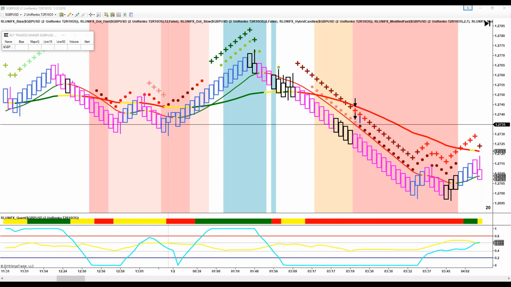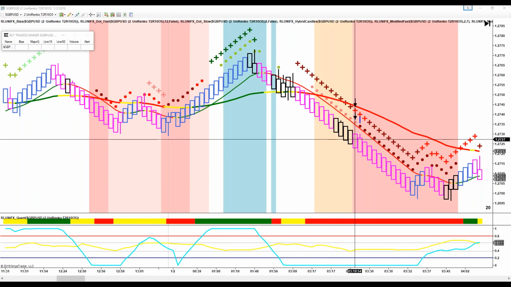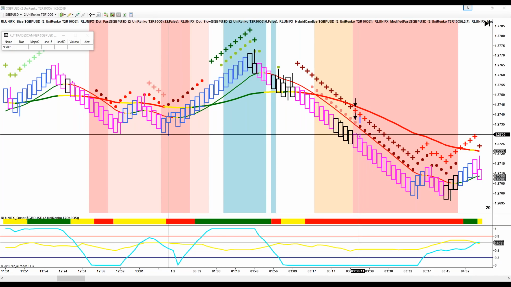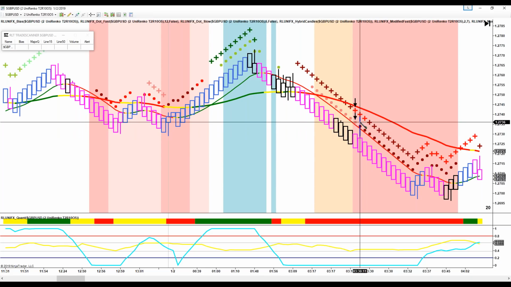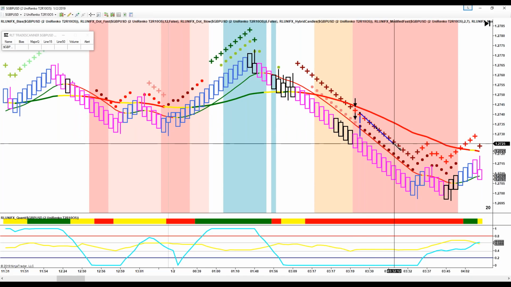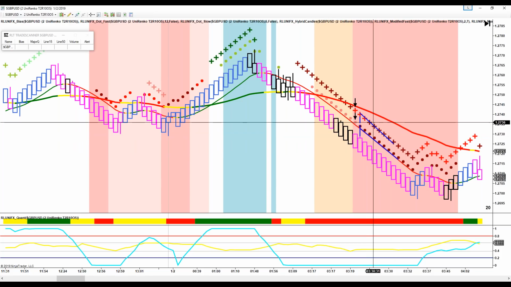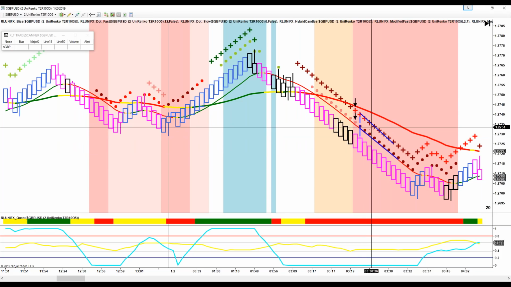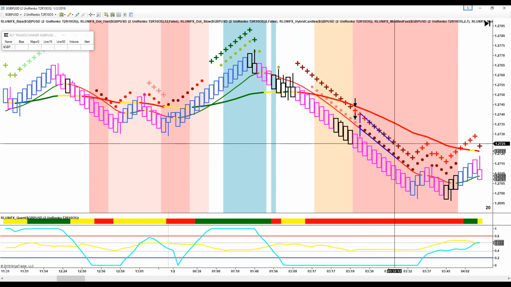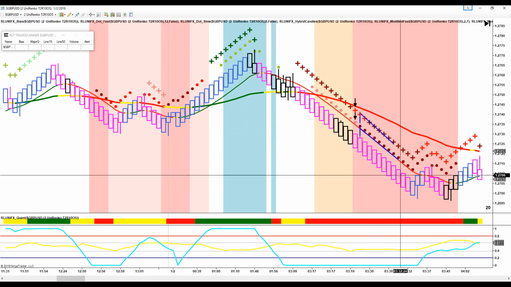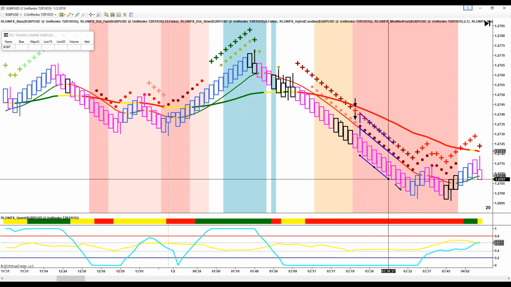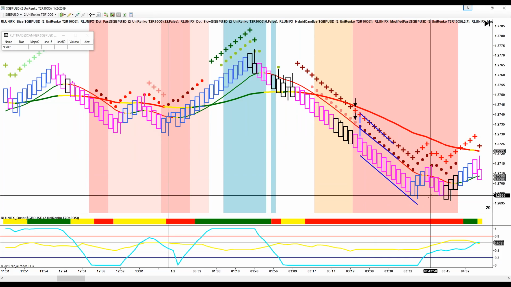So when you get right here and you get a wick back and you want to take a trade short and you look at the color of these dots and they're dark, you know that on the correlative markets, not only are they moving in the direction you need, but they're positioned such that the 15's below the 50 and price is below both. And so you've got a great chance for a continuation short.